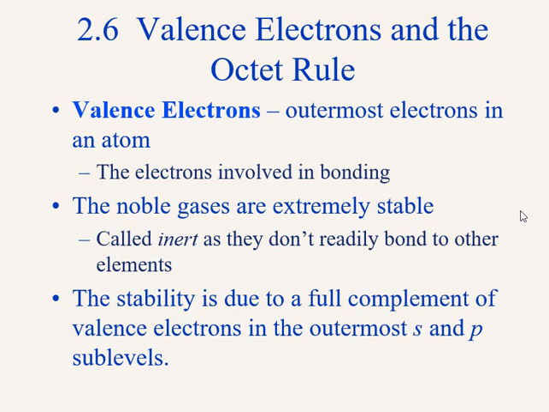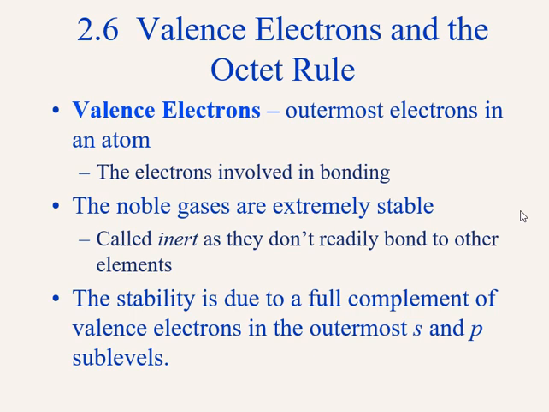What about something like sodium? Sodium has 11 total electrons and its electron configuration is 1s2, 2s2, 2p6, 3s1. What's the largest n there? That's 3. And we only have 3s1, so how many total valence electrons?